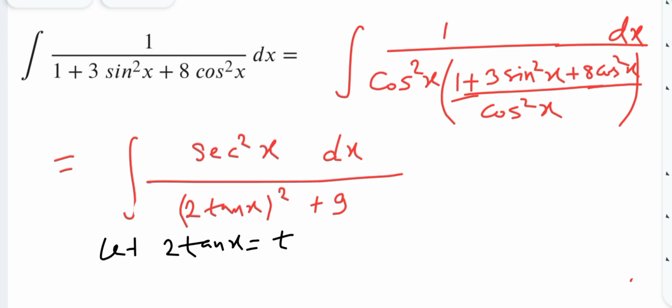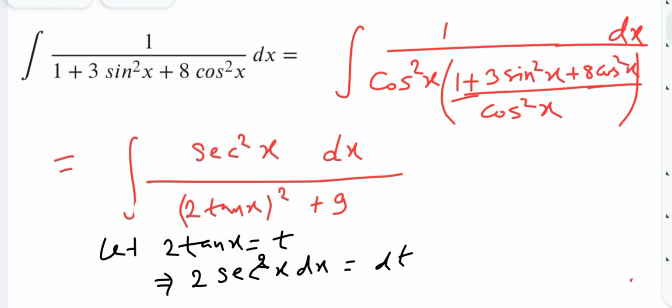If tan x we are converting in t, dx also we have to convert in dt. So I will differentiate this: 2 tan x derivative is 2 sec square x, so 2 secant square x dx is equal to dt.